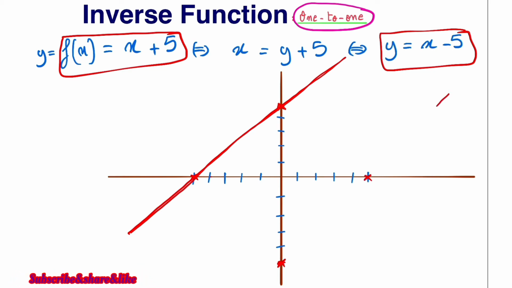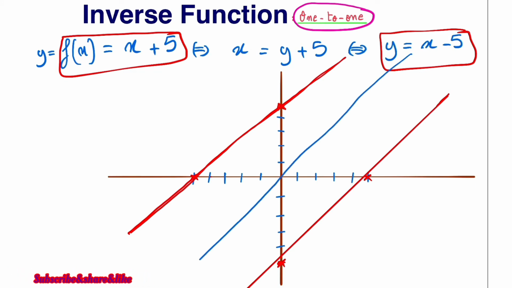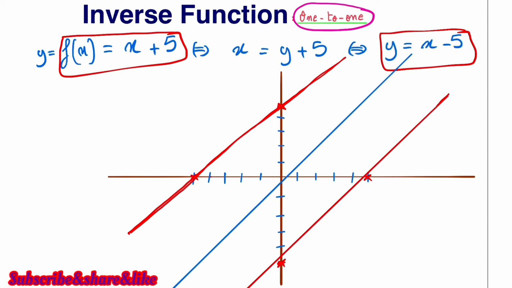Now we can see that they are really symmetric, and you see the line of symmetry is this one here, y equals x. You see they are symmetric. Let's find another example, maybe a line going something like this, it will be negative. So let y equal f of x, which is equal to minus x plus 3.